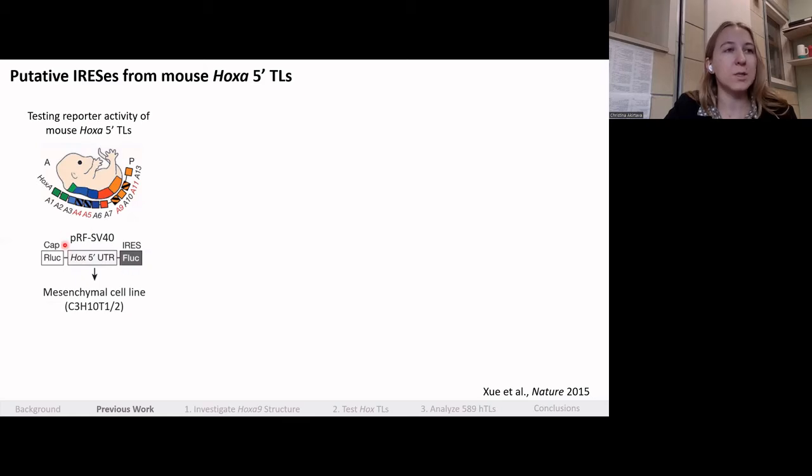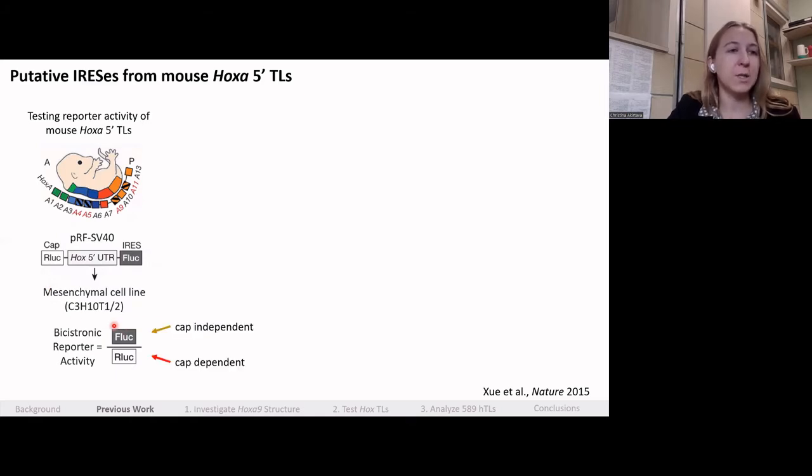So they cloned the transcript leader between these 2 bioluminescent proteins and then transfected the plasmids into a mesenchymal cell line. And the idea of this is the F-Luc should be translated using cap-independent methods, while the R-Luc should be translated using the cap-dependent methods.